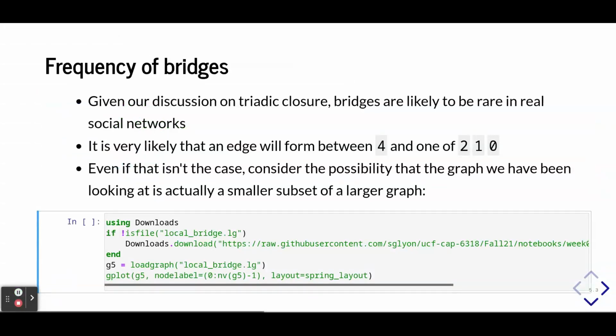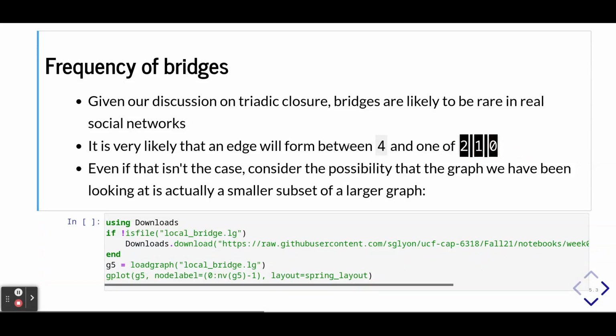We have talked before about the notion or property of triadic closure. And in the context of this barbell graph, what that means is that because there is an existing edge between 3 and 4, it's fairly likely that another edge will form between 4 and one of 3's other neighbors, which we labeled 2, 1, and 0.